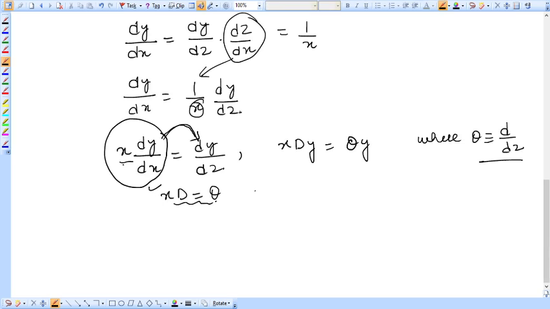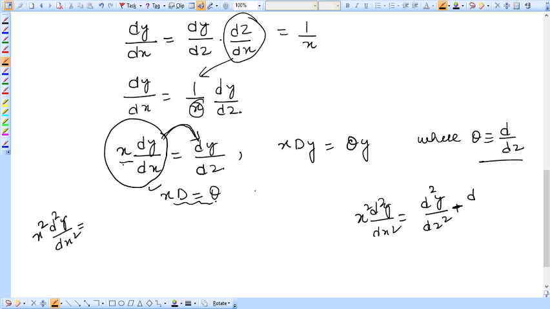Okay, so similarly, if you find out x square d square y by dx square, you will check it by yourself, it would come equal to x square d square y, which is the double derivative of y with respect to z minus the single derivative of y with respect to z.